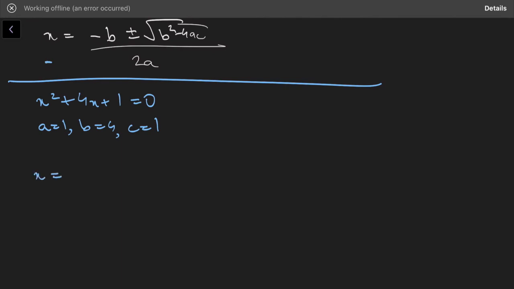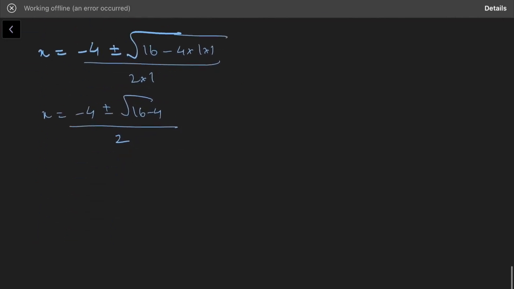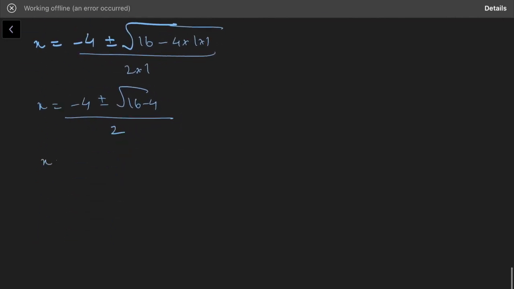We'll have x is equal to minus 4 plus or minus root of 16 minus 4 into 1 the whole divided by 2 into 1. So x is equal to minus 4 plus or minus root of 16 minus 4 divided by 2, and then x is equal to minus 4 plus or minus root 12 divided by 2.